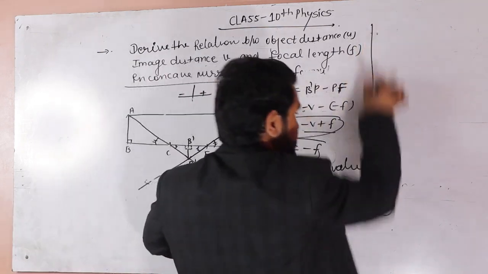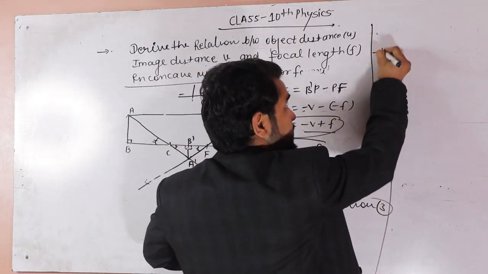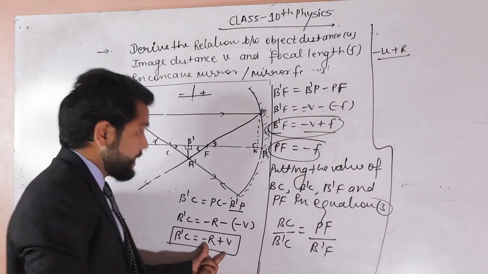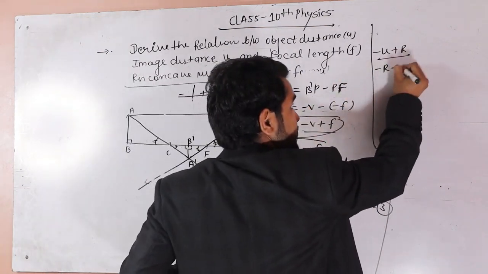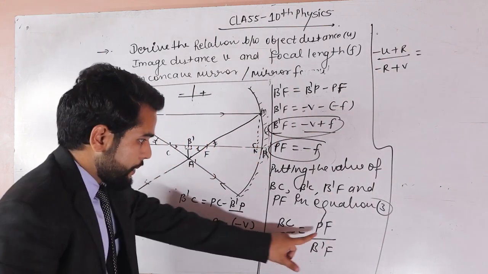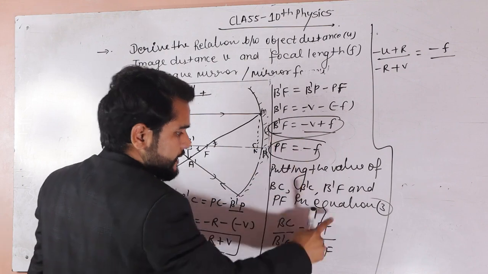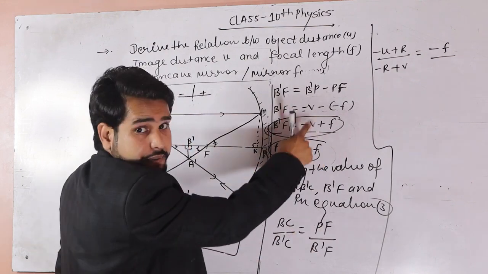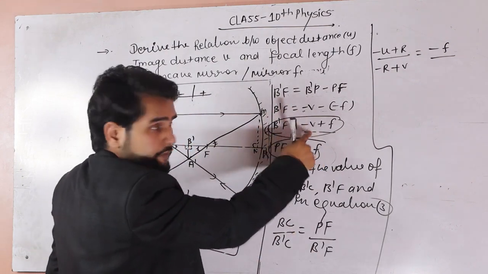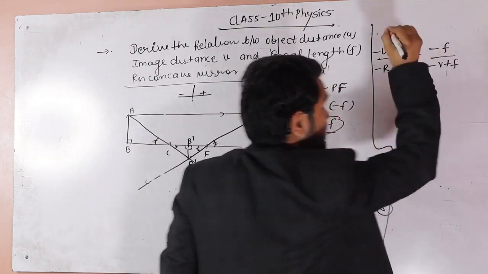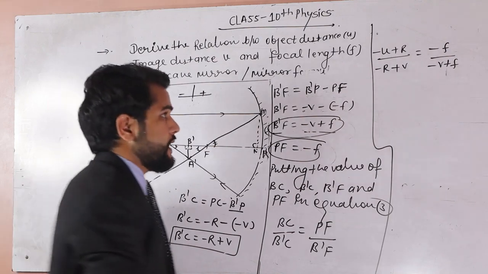BC is minus u plus R, B'C is minus R plus v, PF is minus f, and B'F is minus v plus f.